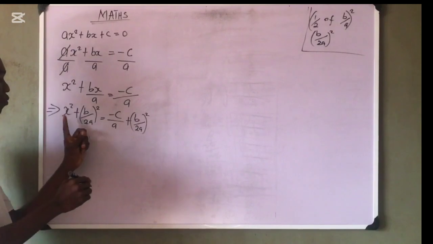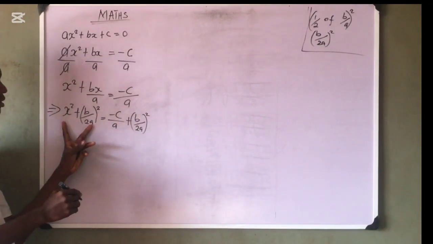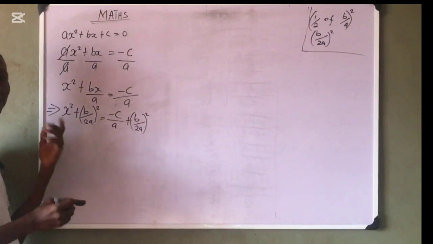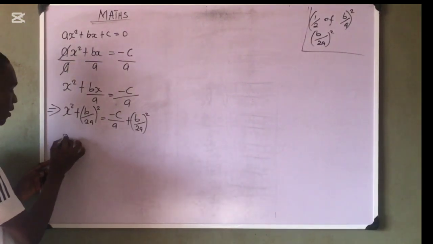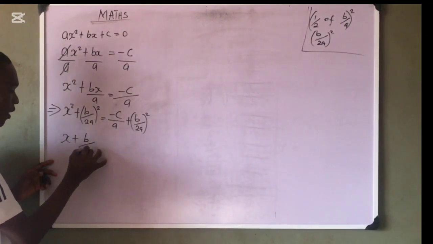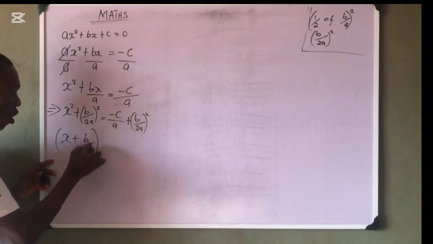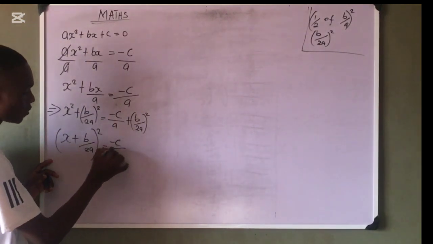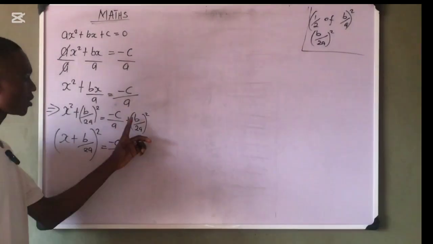When you look at these two terms, they have the same squares. So at this point, I can collect their squares to have x plus b over 2a all squared equal to minus c over a plus.